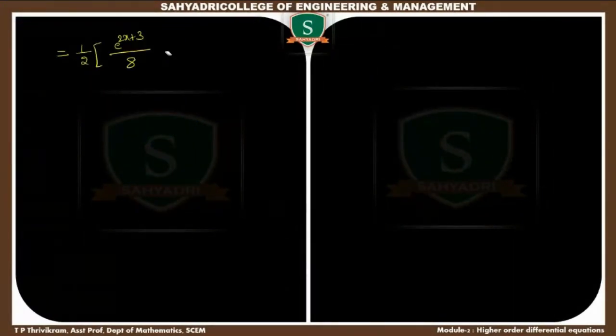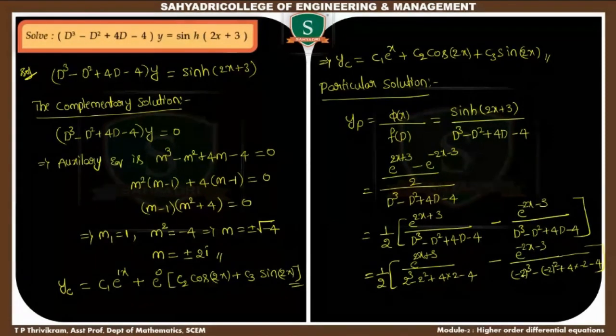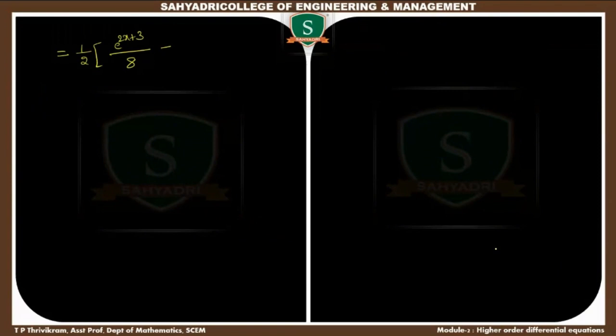Minus here. Here how much? Minus 8, minus 4, you'll get minus 12, minus 12, minus 8, minus 20, you'll get again minus 4. So minus 24, plus 24 you'll get. e power minus 2x minus 3 divided by 24.